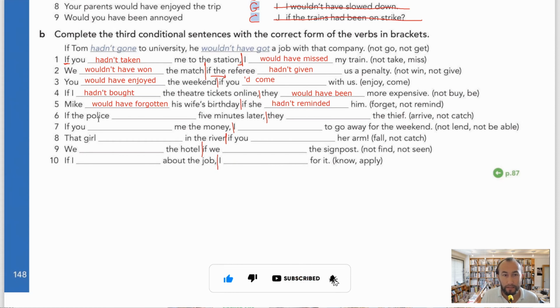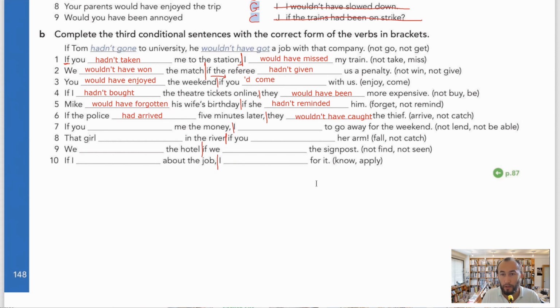Okay, number 6. Here we're starting with the if clause, so the past perfect of arrive. It's going to be if the police had arrived. If the police had arrived 5 minutes later, they wouldn't have caught the thief. Okay, so that's done.